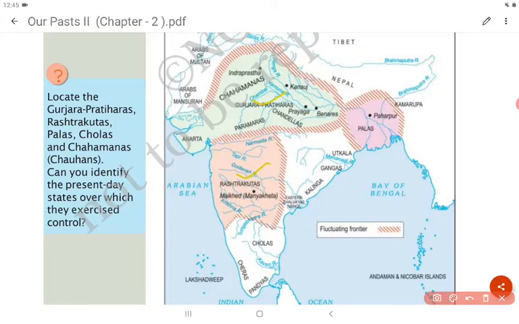Then Palas, they're here. Then we have Cholas, they're here. And Chahamanas or Chauhans, they're here. Can you identify the present day states over which they exercised control?